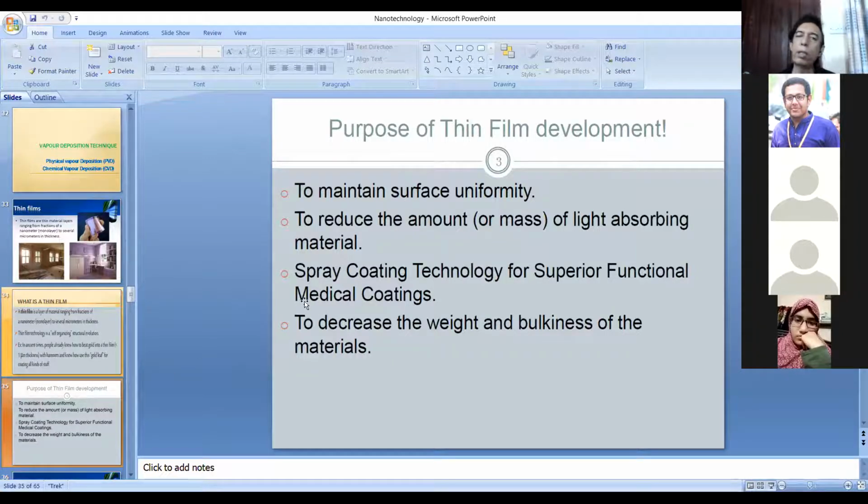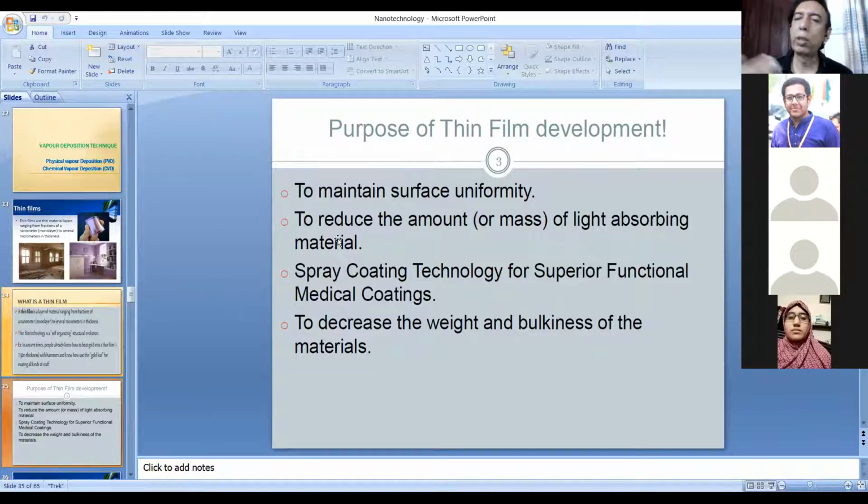This can be done by spray coating. For example, we can spray paints on a car. You have seen paints are sprayed on the car. It is a thin film of paint on the car.